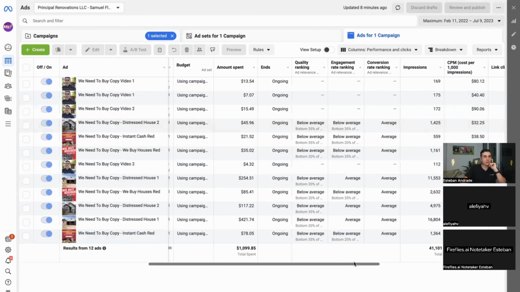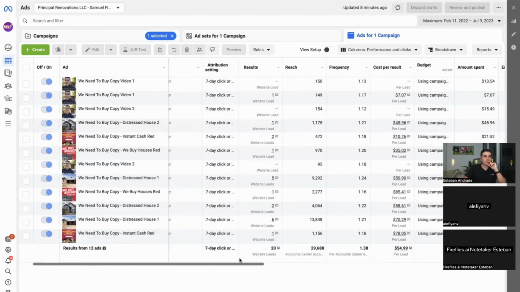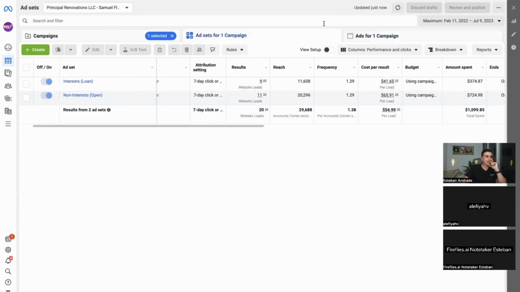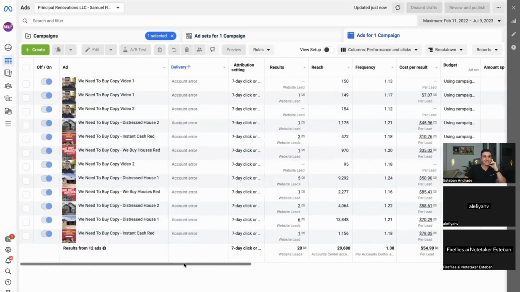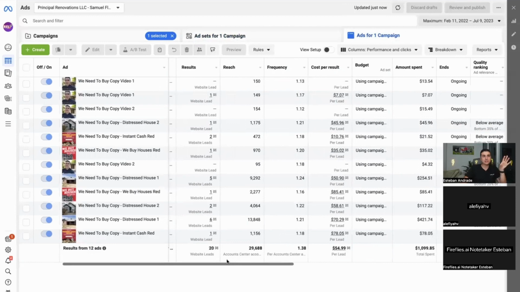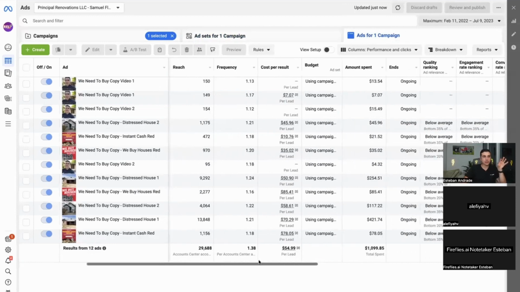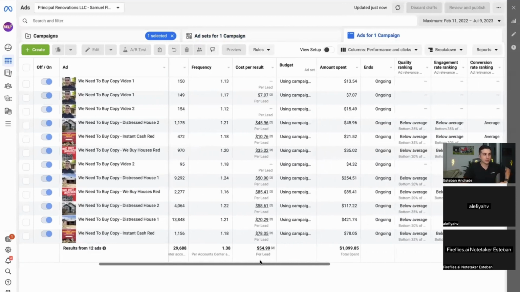When we open the campaign and we go into ad set level and we go into ad level, you'll see that we can identify things on a more granular level because we have now gone internally and see every single ad that campaign has.